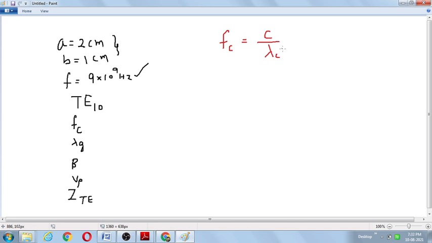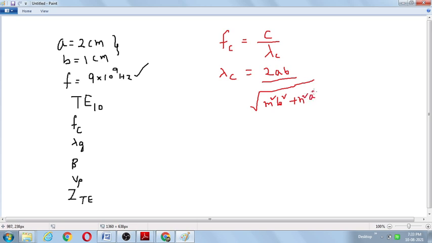Okay. Here lambda c is the cutoff wavelength. So lambda c is equal to 2ab by square root of m square b square plus n square a square.